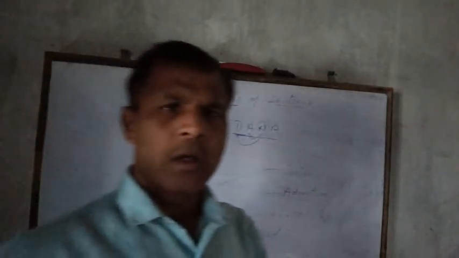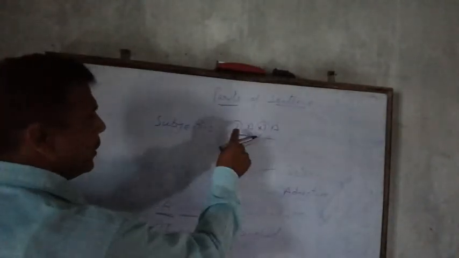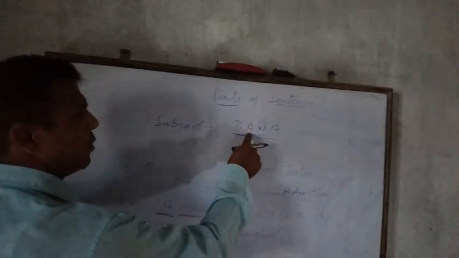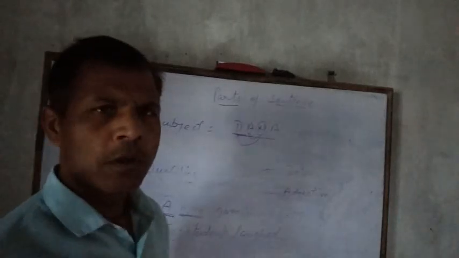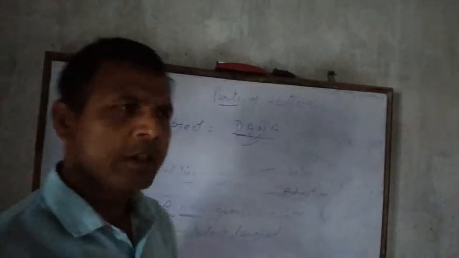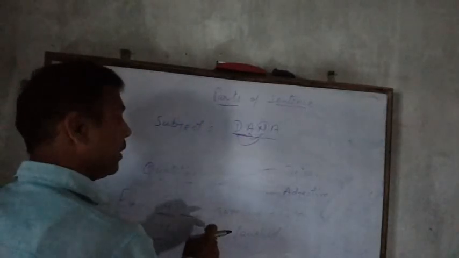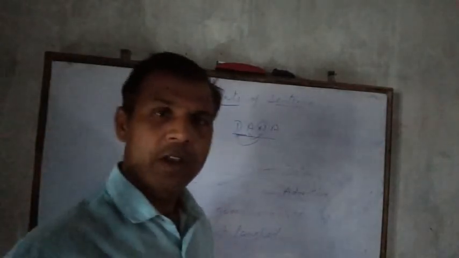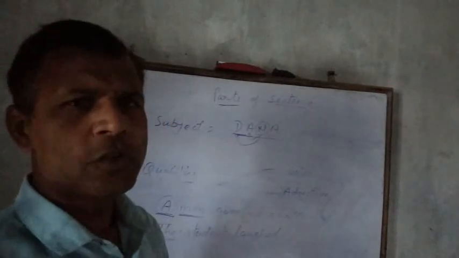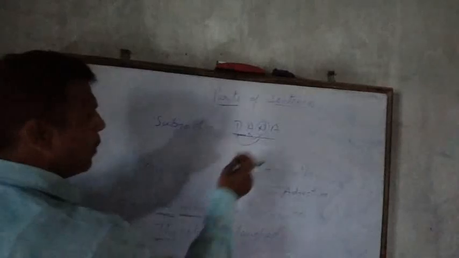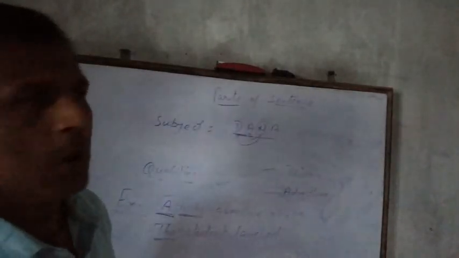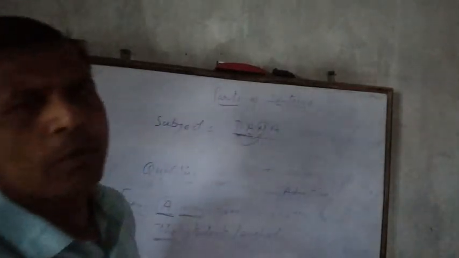So we can say that in a sentence determiner, adjective and noun are used, but it is not necessary that only a determiner or only an adjective will come before a noun. So here, students, I make you sure that before a noun a determiner may come, an adjective may come, or both determiner and adjective may come.